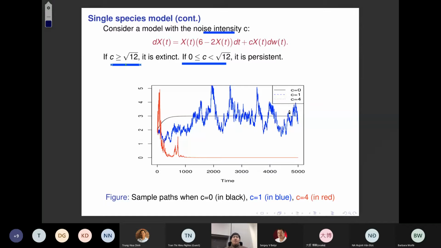On the graph, if c equals 0, this is the solution of the differential equation we are familiar with. If c equals 1, the species is persistent, in blue, and if c equals 4, then the species is extinct, and you have the rest one.